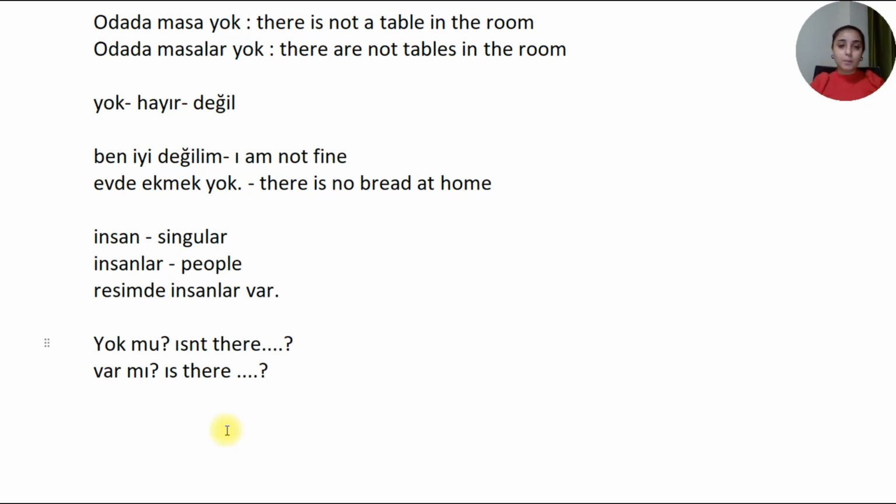Now it is time to combine the question suffixes with yok and var word. And this is always same, yok mu or var mı. Again, they are at the end of the sentence, not the beginning. This is the main difference between English and Turkish. Var, yok words will come at the end of your sentence. Yok mu, isn't there something? Var mı, is there something?